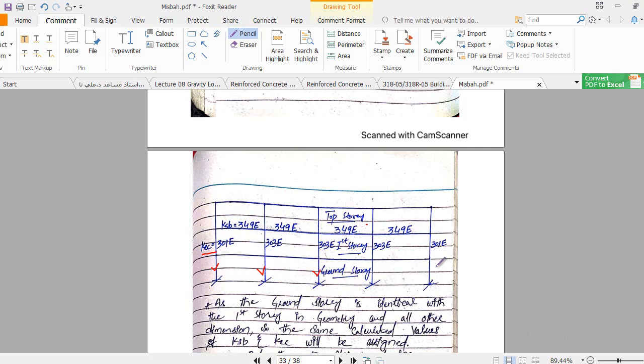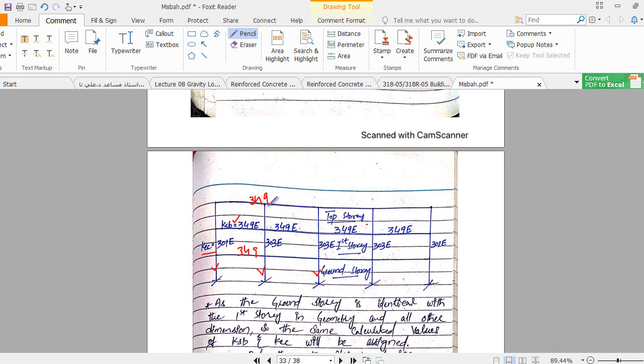And for the rest, Kb is the same. As there is similarity in geometry, meaning the beams at the ground story, interior story and top story are the same, the slab thickness is the same, the beam depth is the same, that's why 349 will be here for this story and for the top story as well. Clear? So case B will be the same.